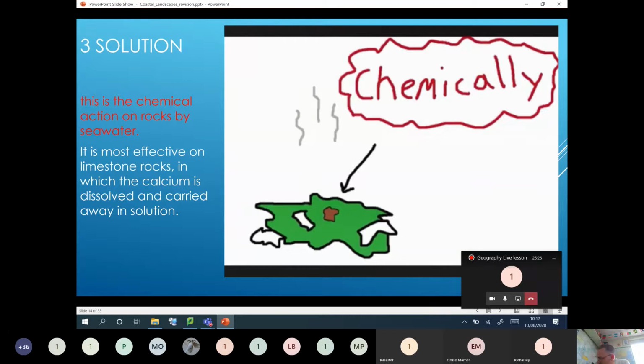In your explanation, this is a chemical action on rocks by seawater. Rocks like limestone are particularly affected.